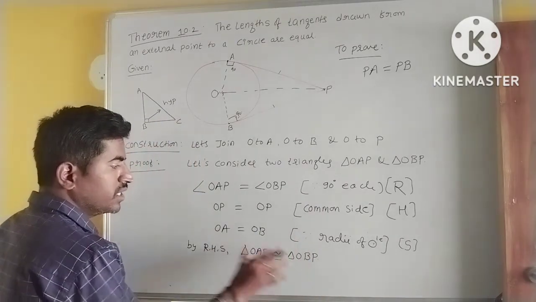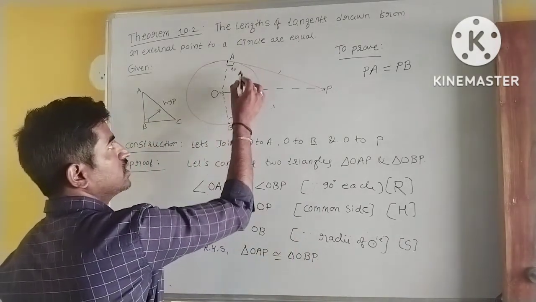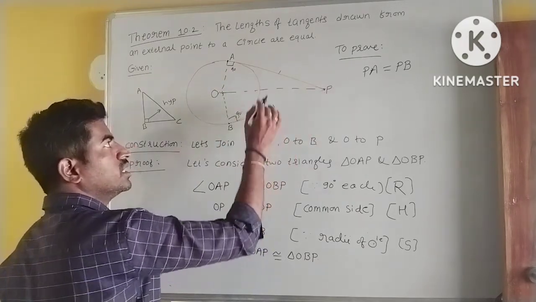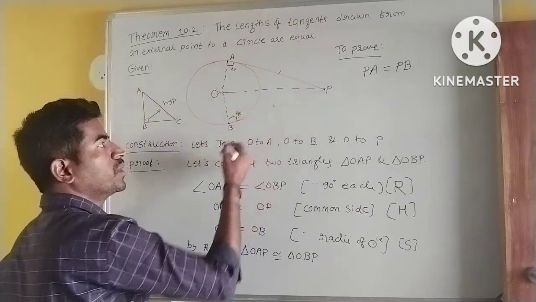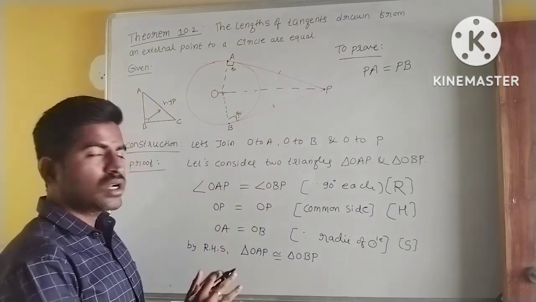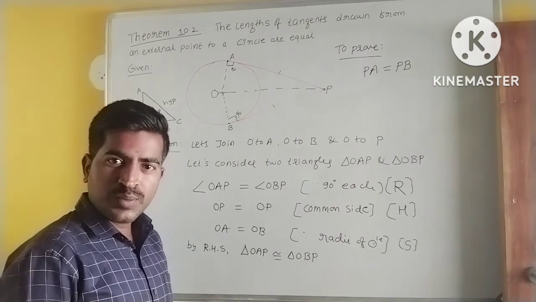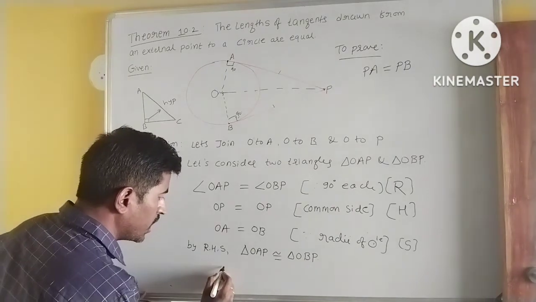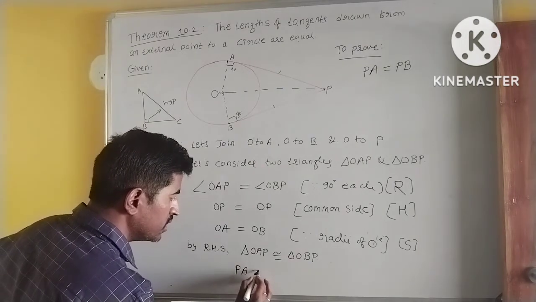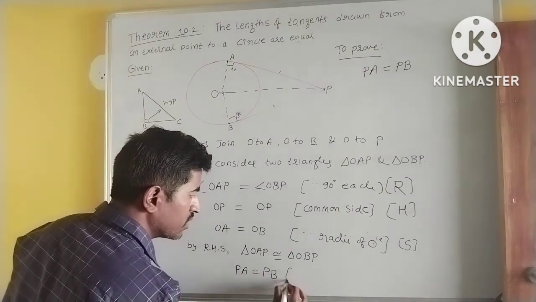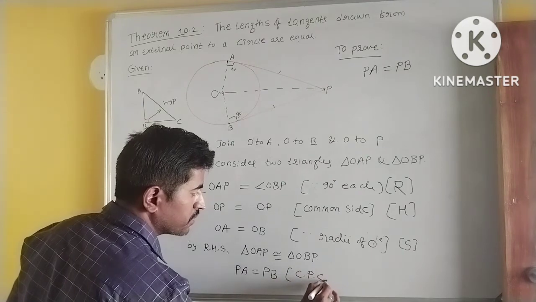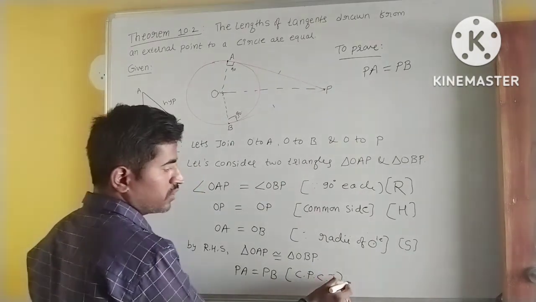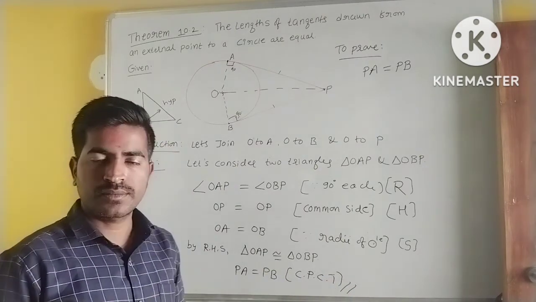And if these two triangles are congruent, then we can write PA is equal to PB, because when two triangles are congruent, their corresponding angles, corresponding sides, everything will be equal. That is why I can write PA is equal to PB by CPCT, corresponding parts of congruent triangles. Hence, this is what we needed to prove, and hence it is proved.